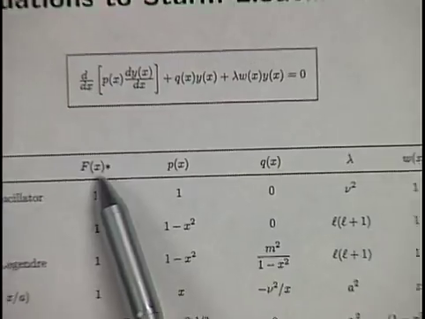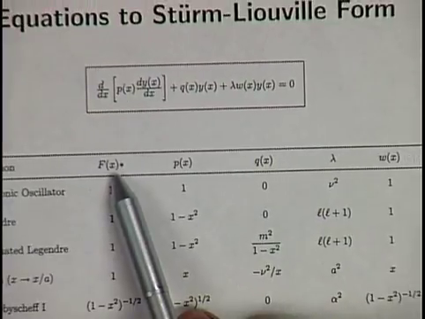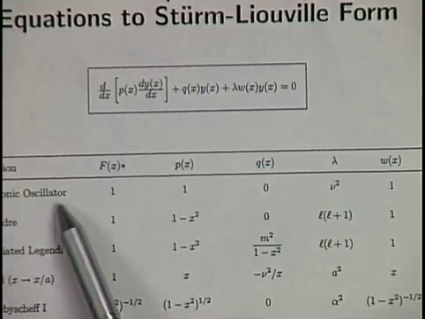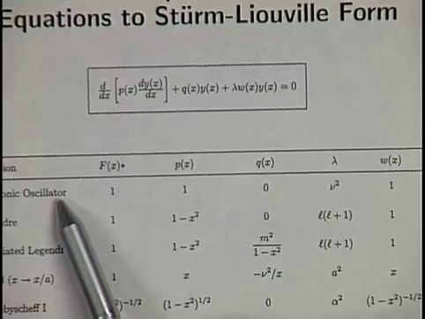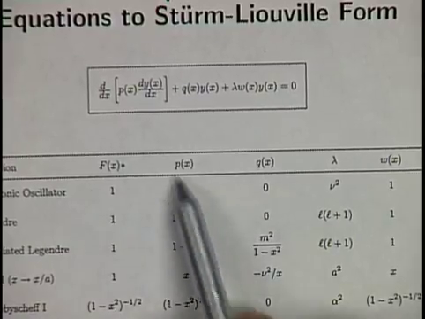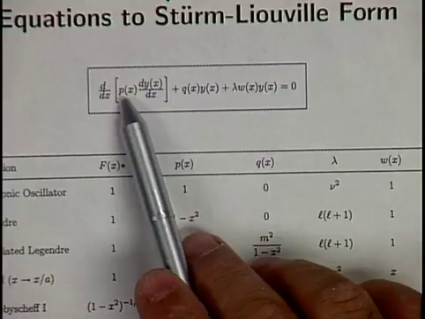P of x is just what? The integrating function. So you will notice that the harmonic oscillator is what? y double prime plus lambda square y equal to 0. So p of x will be 1.